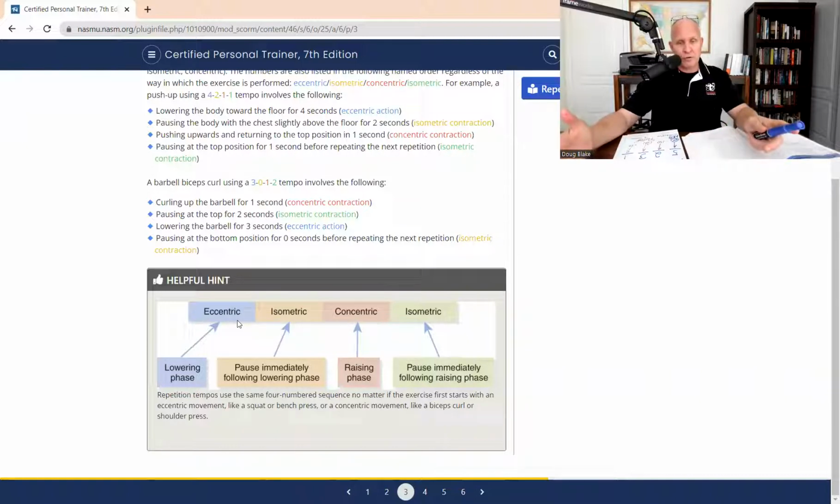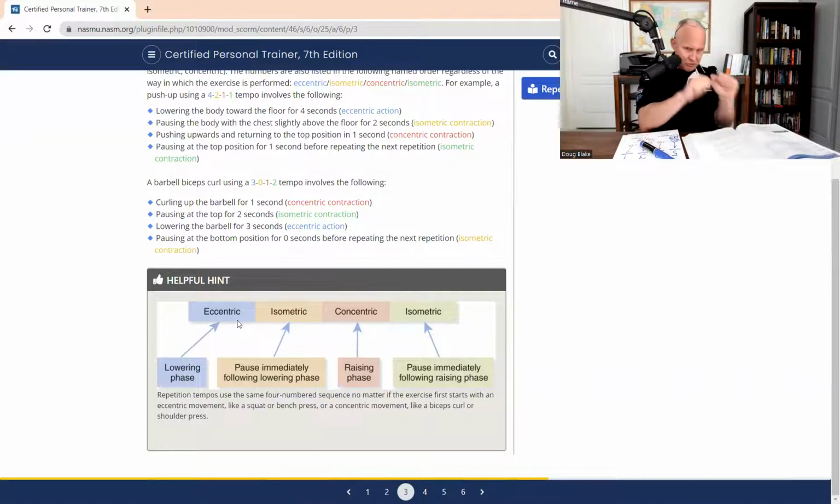It can get confusing. If you're using equipment such as cable machines, this is actually reversed. A great example would be, say, a tricep pushdown. Okay, so stay with me for a second. Where do you start a tricep pushdown? Do you start it with your hands in the down position, or do you start up here? So when I grab the cable and I have the bar and I'm doing a tricep pushdown, right?